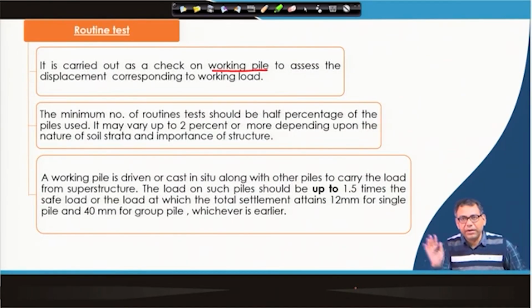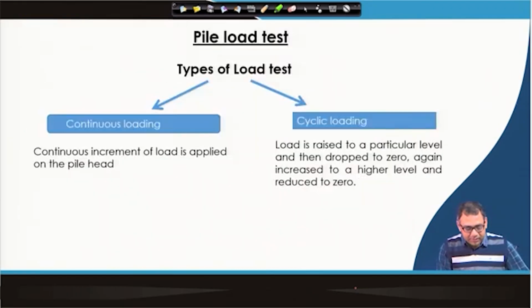We cannot go beyond 1.5 times the safe load, because these piles we have to use after the test. Or the total load at which the settlement attains a value of 12 millimeter for single pile or 40 millimeter for group pile. So, whichever is earlier.